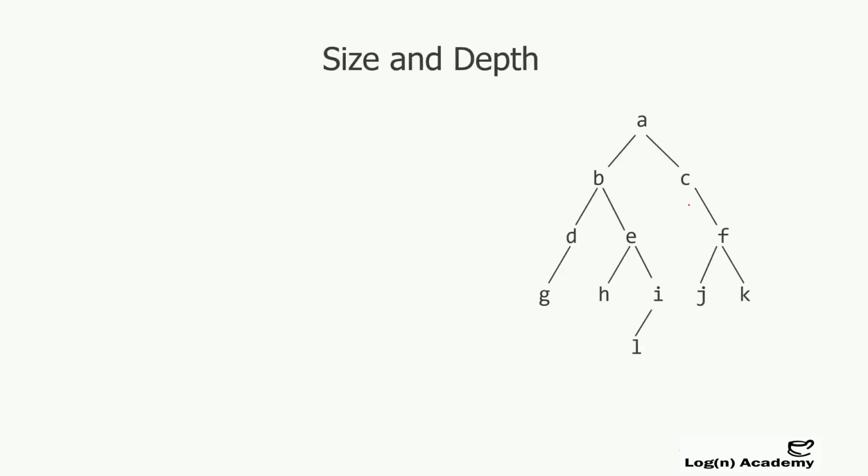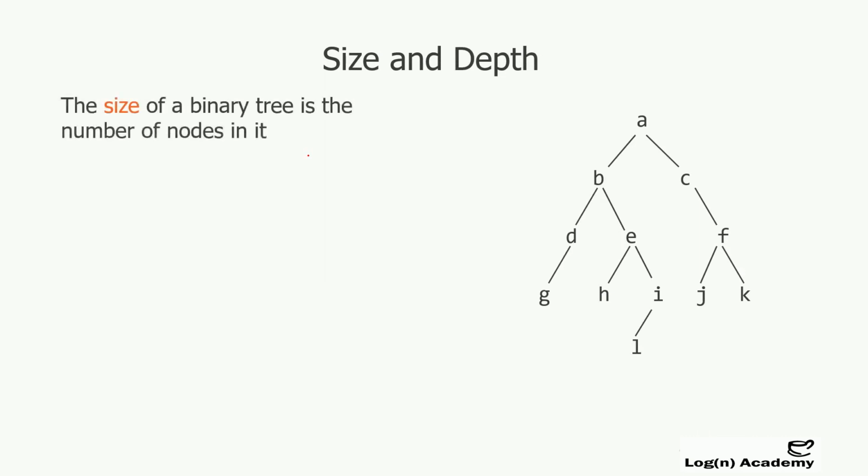Now let's see the size and depth of a tree. The size of a binary tree is the number of nodes in it. If I count the number of nodes: 1, 2, 3, 4, 5, 6, 7, 8, 9, 10, 11, and 12. So the size of this tree is 12, right?